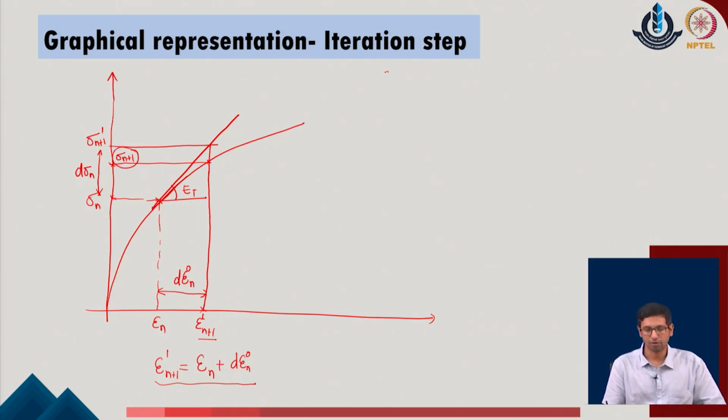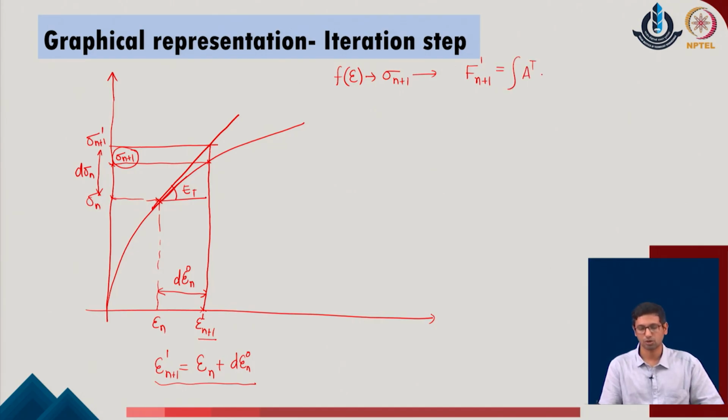Now, once sigma of n plus 1 is obtained based upon the general relationship in terms of epsilon, we evaluate this value to calculate the effective member forces in the given system. So, we call it f of n plus 1 with the first iteration, and that value will come out as A transpose sigma n plus 1 into d of v, the volume integral of the given system.